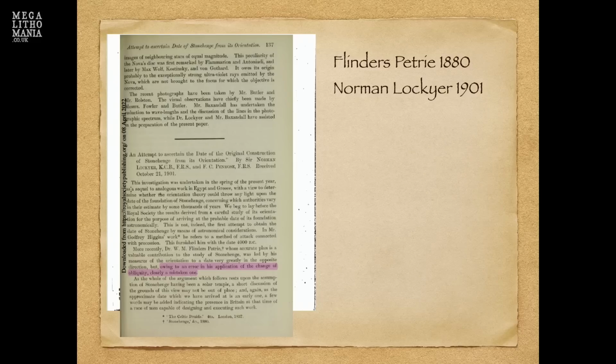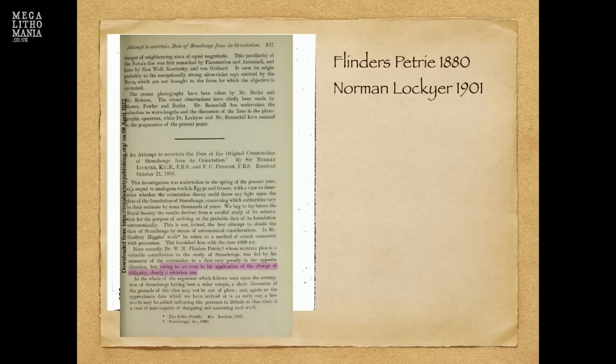The only problem was Flinders Petrie got his precession round the wrong way. And so he ended up with a date of 600 AD. That's why you have all these ideas that Stonehenge is post-Roman. It's because of Petrie. And then Lockyer came along, 1900, and he said, sorry, Petrie got his precession round the wrong way.